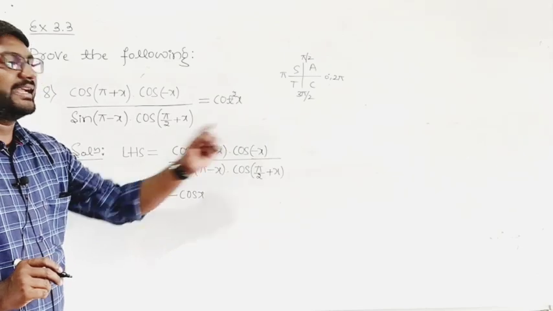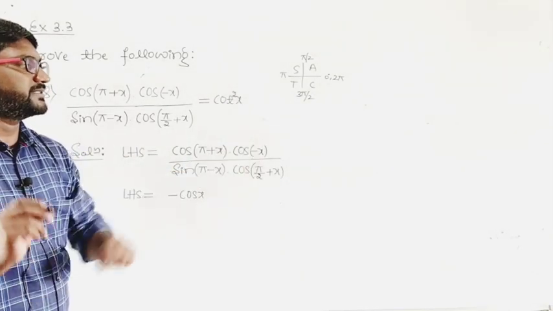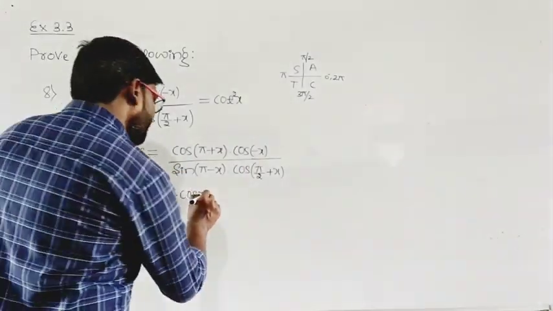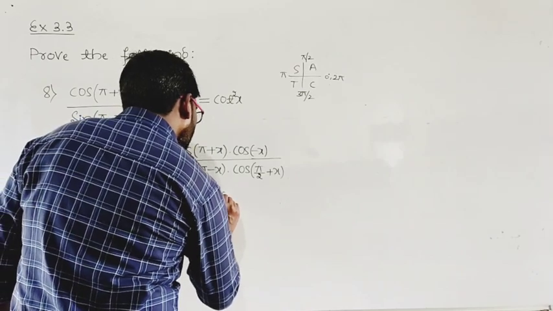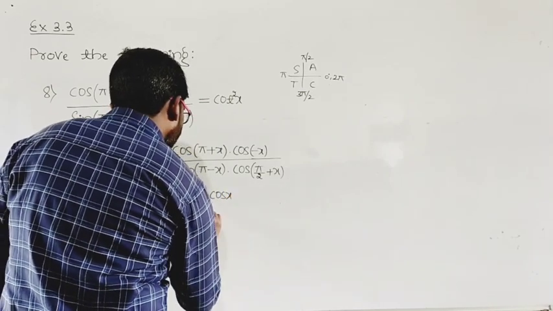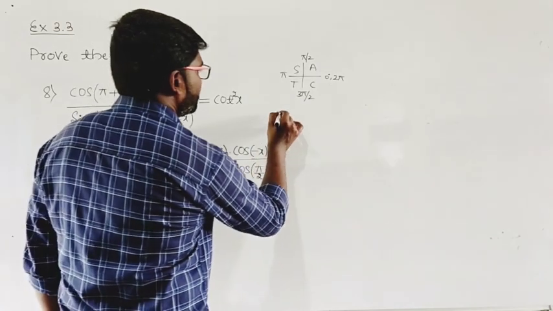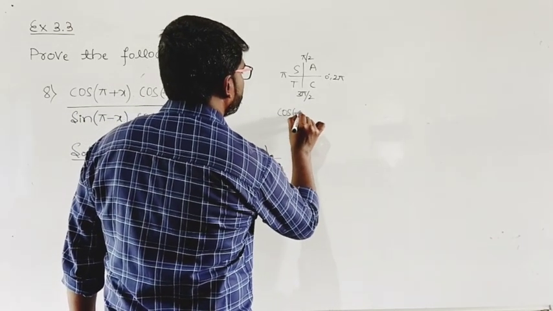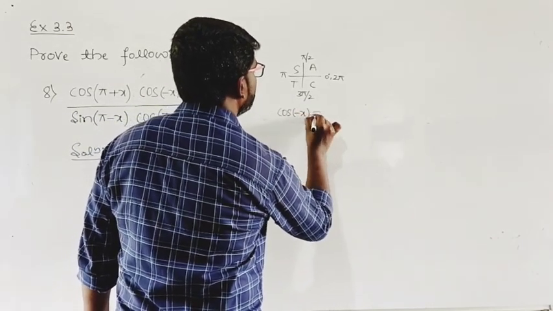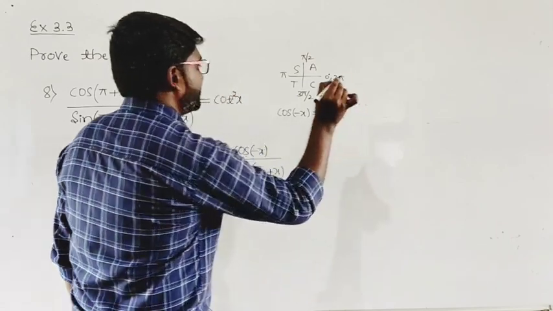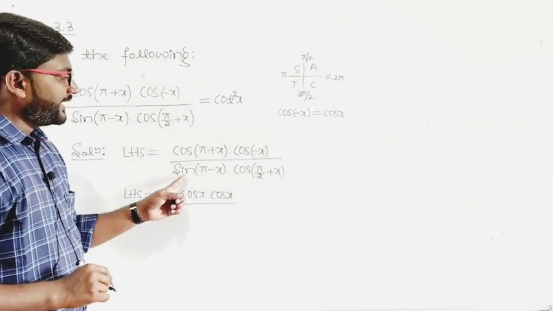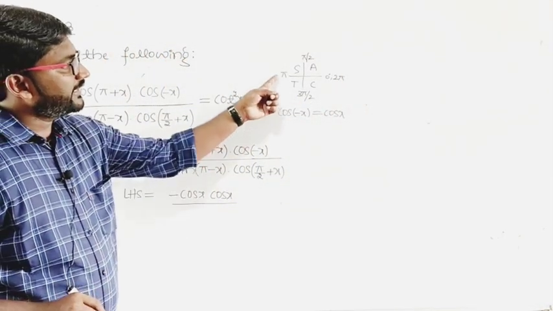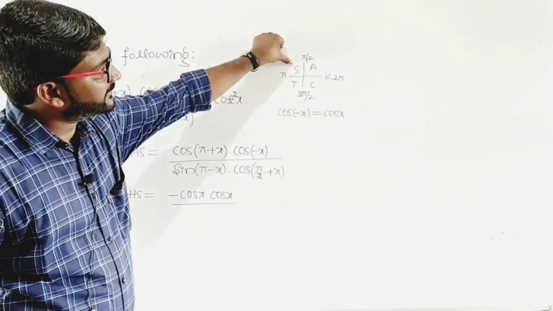Now cos of negative angle, cos of minus x, which is equals to cos x, so we had studied this property, cos of minus x, which is equals to cos x. Now divided by sin 180 minus x. 180 minus means it is the second quadrant.